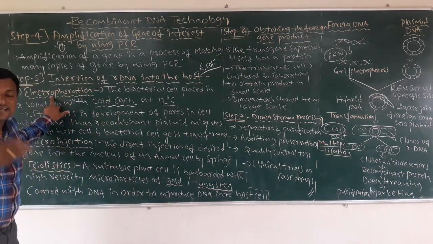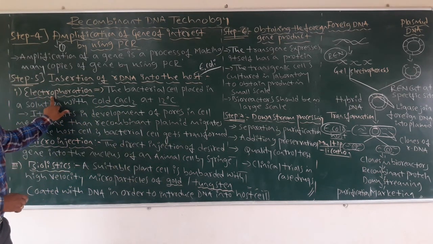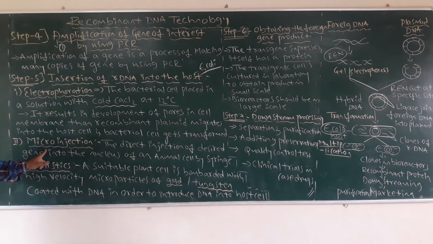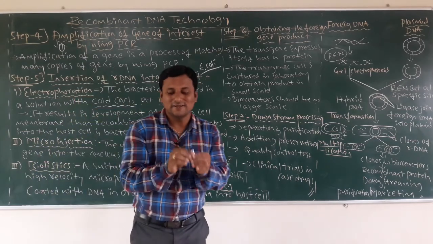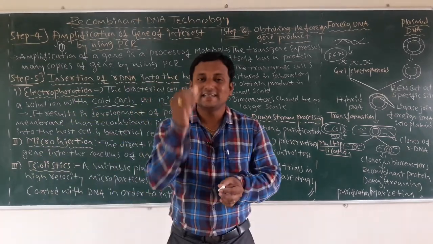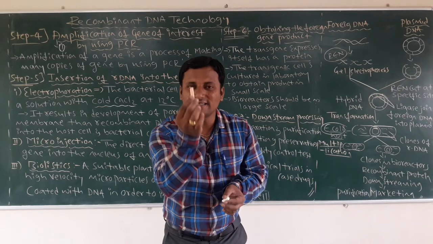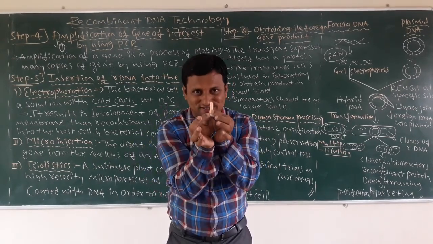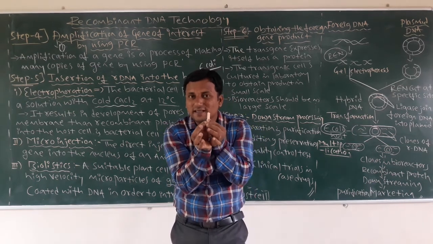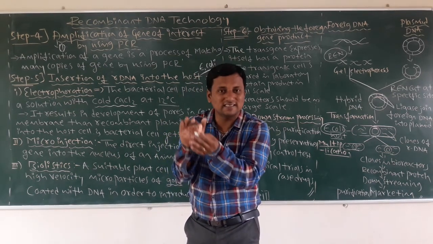The first one, electroporation. Second one, microinjection. Third one, biolistics. By using these 3 methods, we can insert that recombinant DNA into the E. coli host. We are going to transfer by these 3 methods.